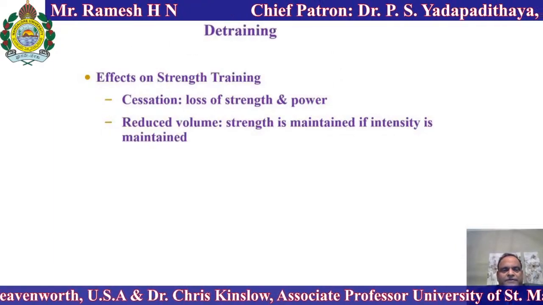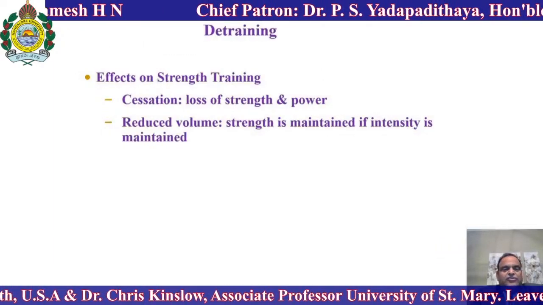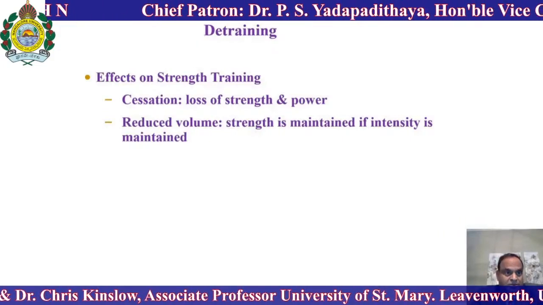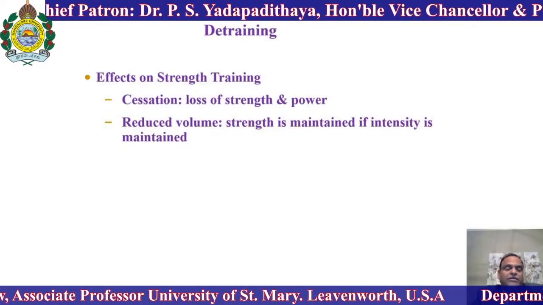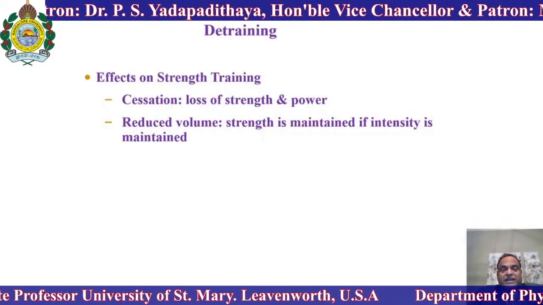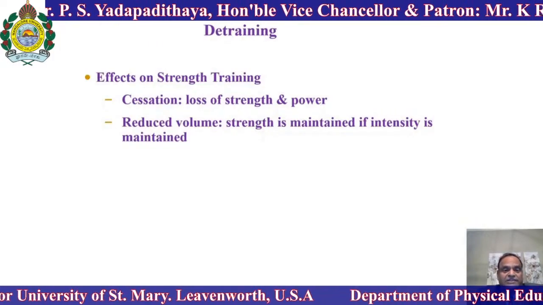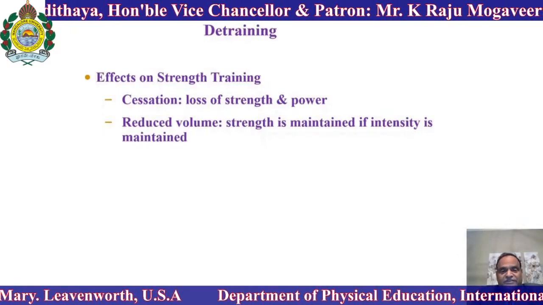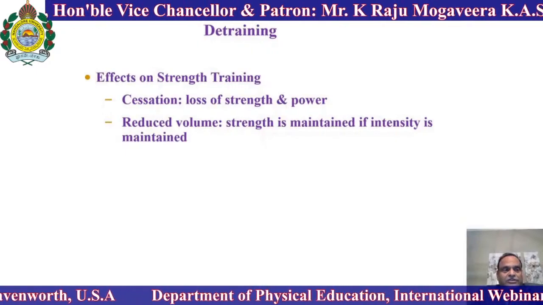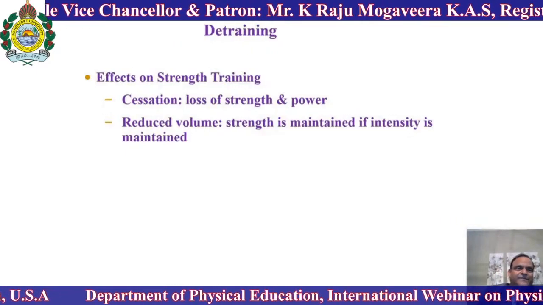If you stop training for strength, you will lose strength and power in time. Maybe in about 3 or 4 weeks you probably lose quite a bit of energy as well as strength and power. At the same time, reduced volume will also affect your strength and your power.